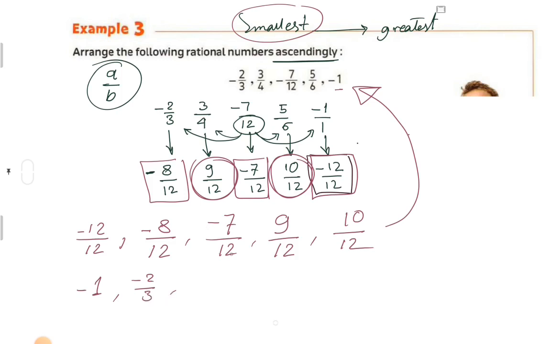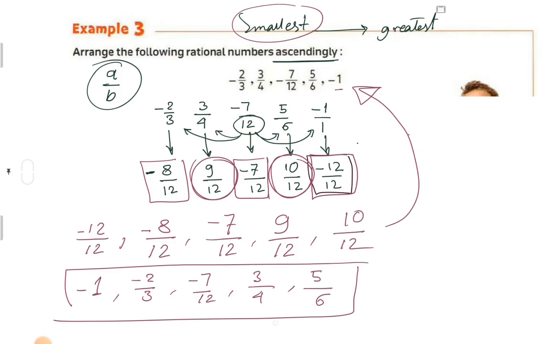Negative 7 over 12 is negative 7 over 12 itself. 9 over 12 is 3 over 4. 10 over 12 from where? From 5 over 6. So this is the final arrangement in ascending order.